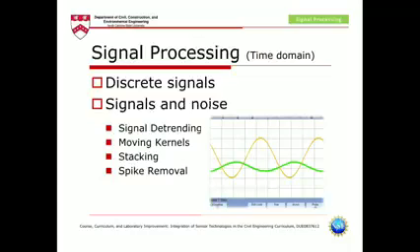For converting the signal to digital form, we use the time domain process, in which we have discrete signals. Signals also have noise, so we have to remove this noise before converting to a digital signal. So digital detrending, moving kernels, stacking, and spike removal. We can also see the discrete signal on an oscilloscope.